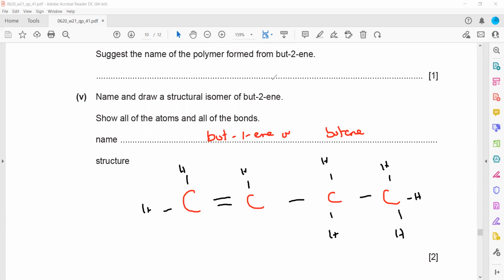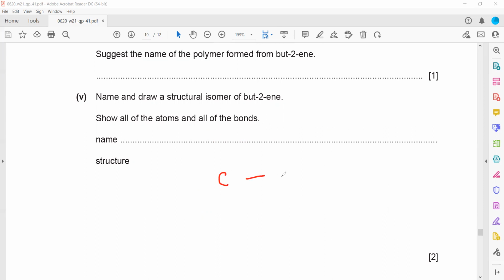There's also another way I can draw an isomer. I can draw a cyclic compound, a cyclic alkane. I can draw 4 carbons in a ring, and each will have 2 hydrogens. Because the formula is C4H8, what is the name of this compound?